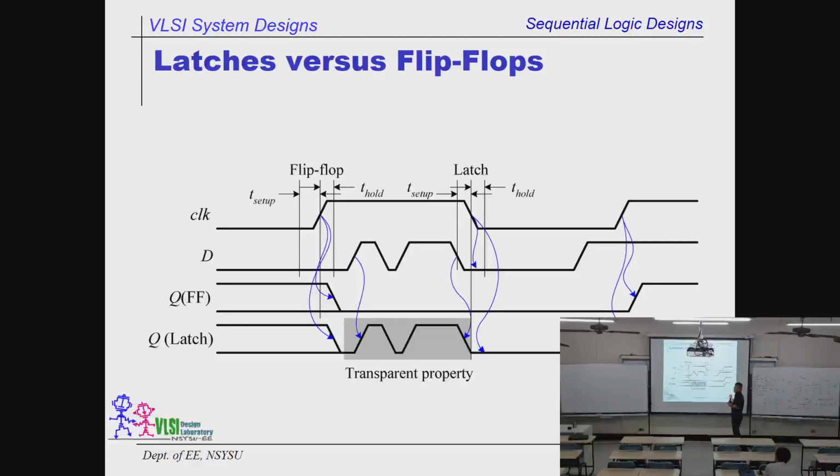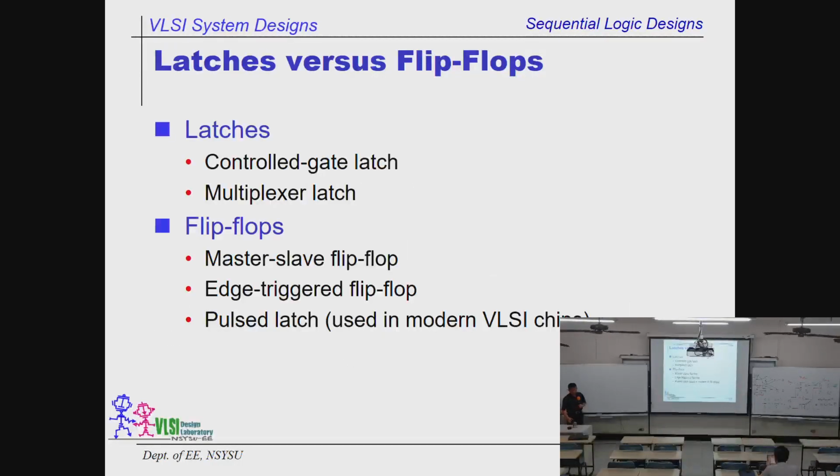So no matter which device you use, flip-flop or latch, you have to make sure the data D is stable before T setup and after T hold. That's a requirement. Otherwise, you don't know what you are sampling. This is a timing diagram, and we are going to deal with a lot of timing diagrams in this lecture. A lot of students get confused, but don't worry, it's not that hard.